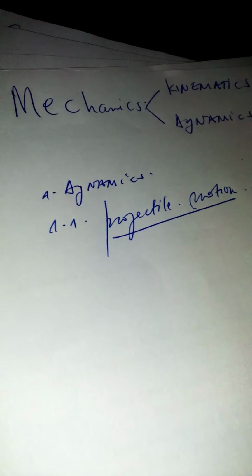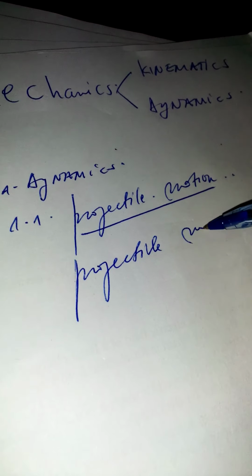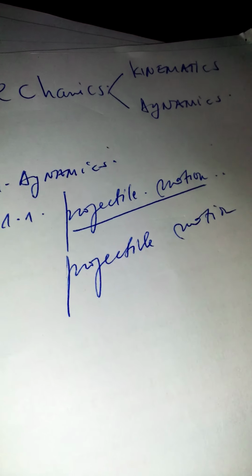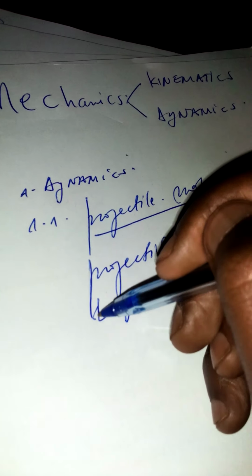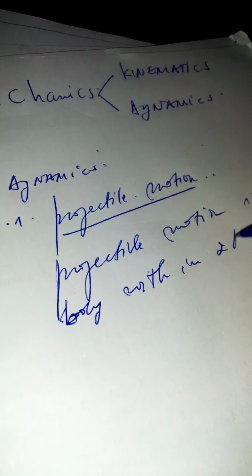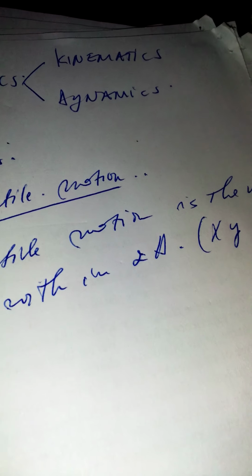So you may ask yourself, what is a projectile motion? A projectile motion is the motion of a body within two dimensions, meaning the x and y plane.